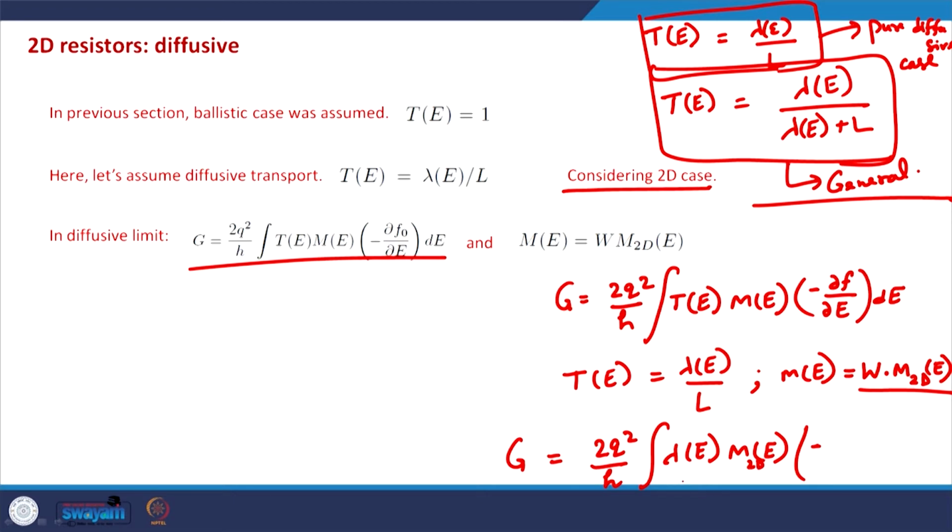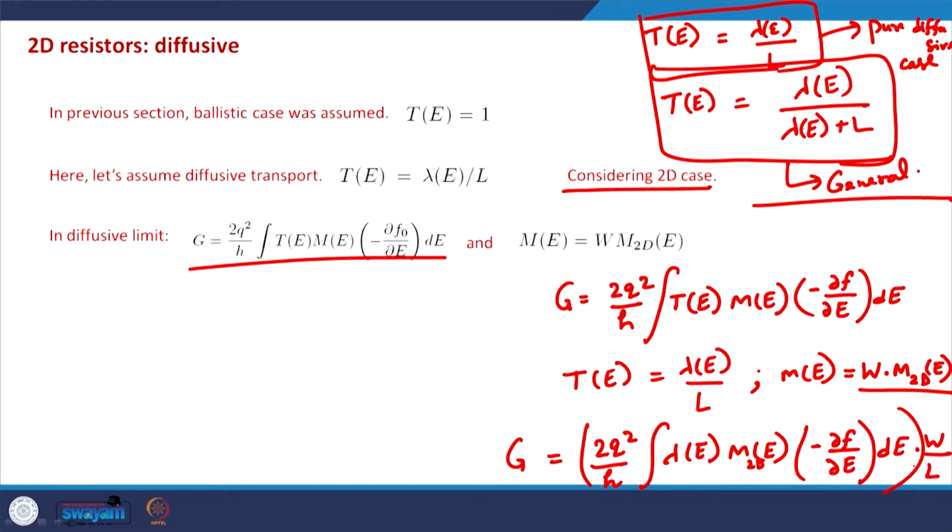So we will write it in terms of M2D(E) dE, and W from here can be taken outside, and similarly L, or rather 1 by L from the T(E), can also be taken outside.